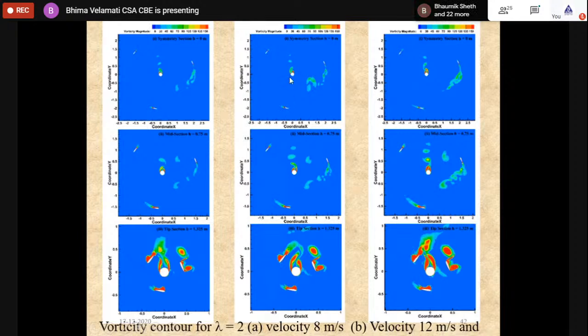Whereas in the symmetric section and the mid section, the interactions are minimal, and the turbine would produce more power. Of course, you can see more complex phenomena which have to be explained further.